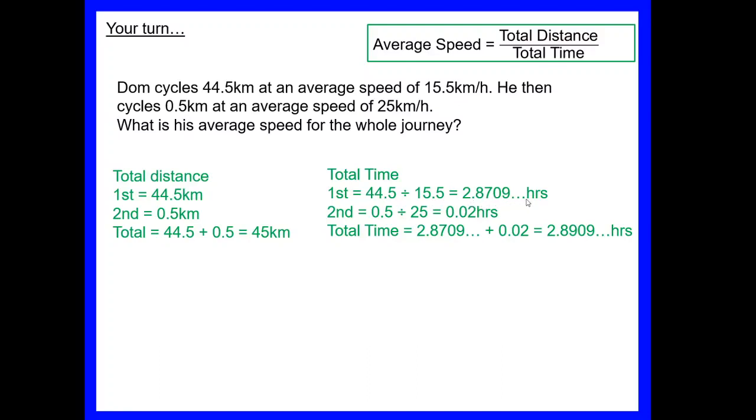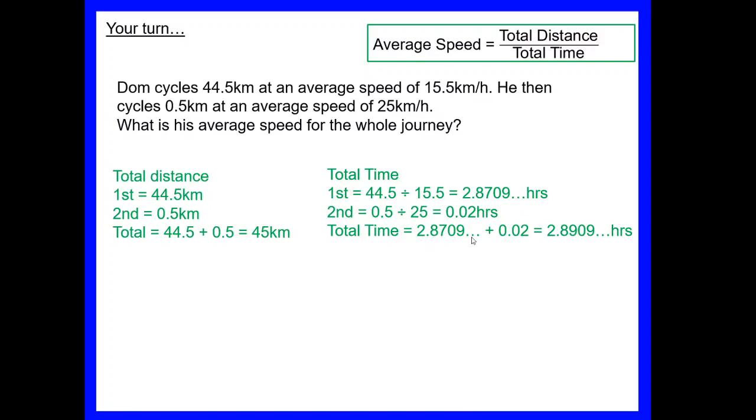The dots are there to show that the number continued. Please write down at least 4 decimal places of a number if you're going to be using it again in a further calculation. For the second part, we have his distance of 0.5 divided by his speed of 25, which gave us 0.02 hours.